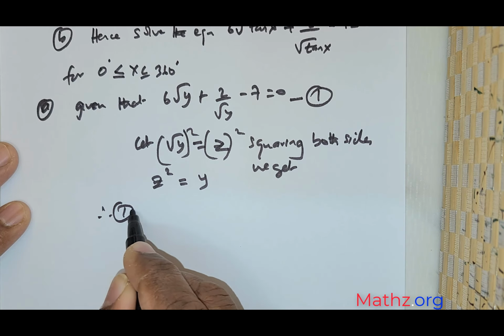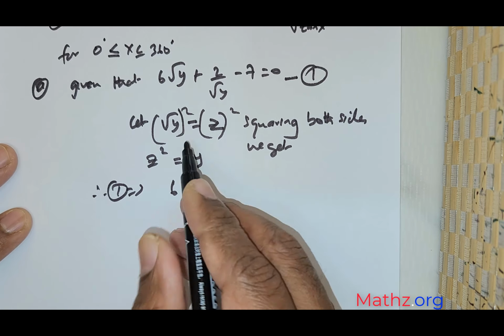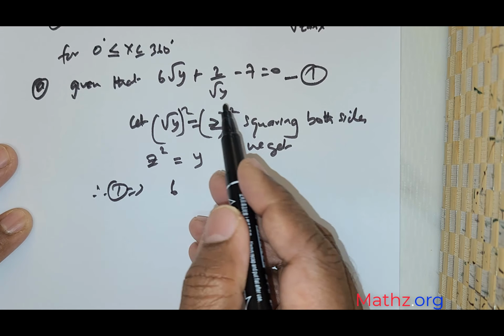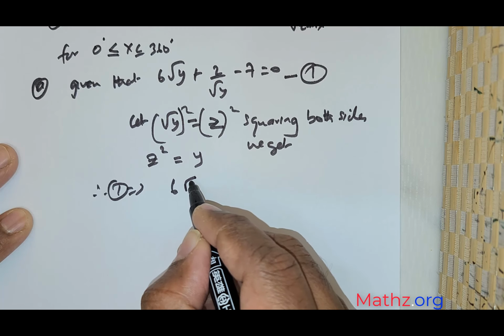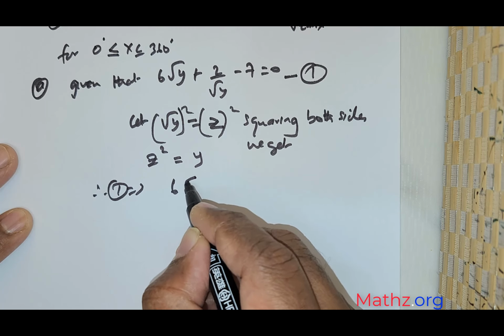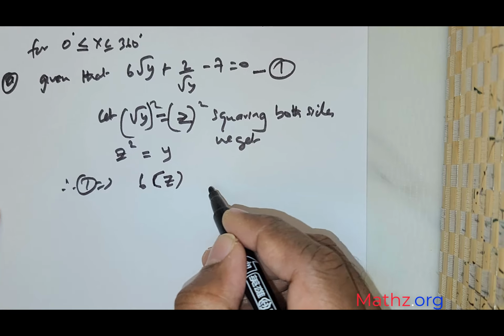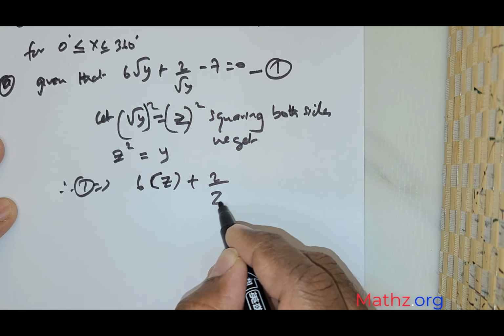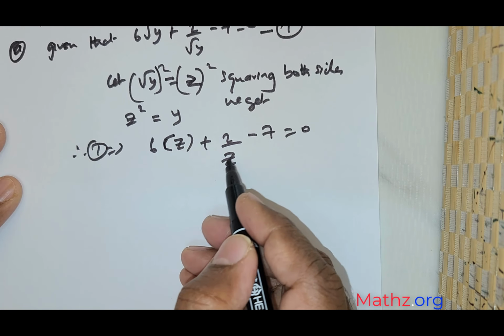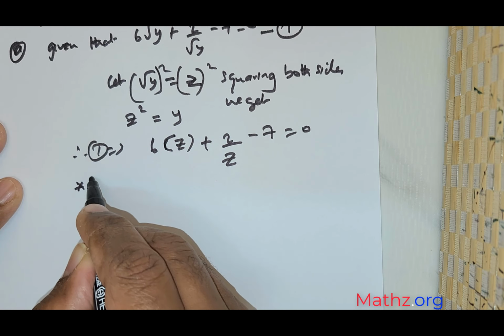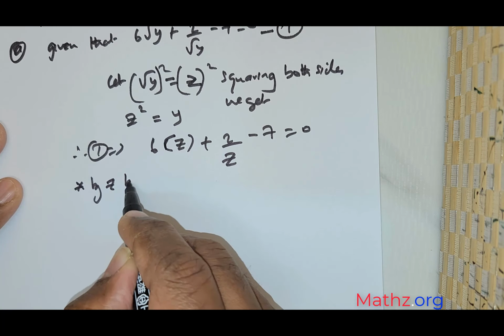So therefore 1 becomes 6 times z, since root of y is taken to be z, plus 2 over z minus 7 is equal to 0. I need to get rid of this z, so multiply by z both sides.